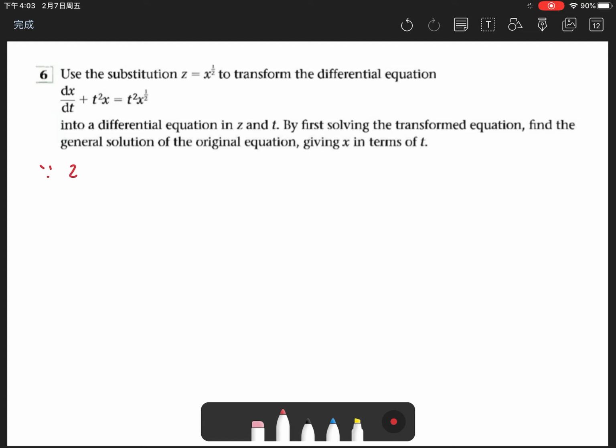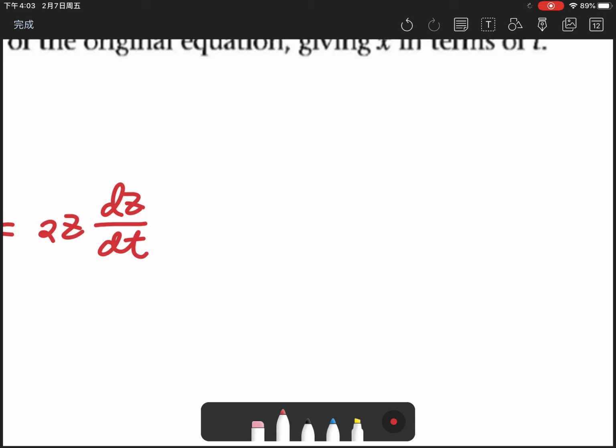Because z equals x to the power of 1 over 2, z squared equals x. So dx by dt equals d(z squared) by dt, and this is a composite function, it becomes 2z times dz by dt.